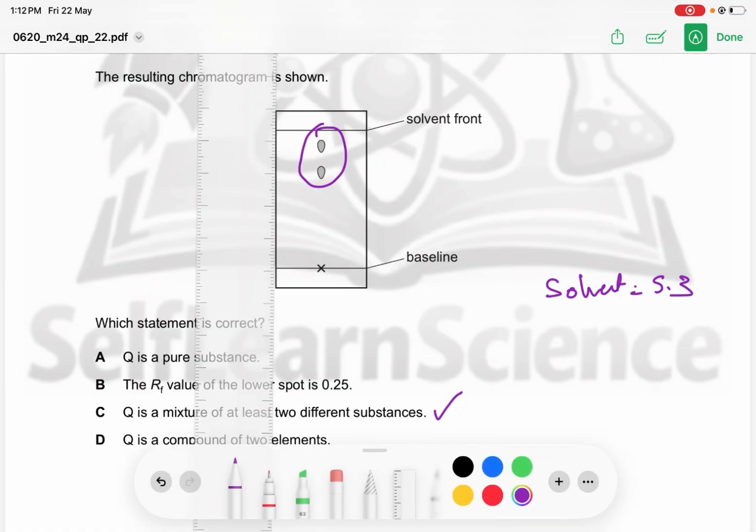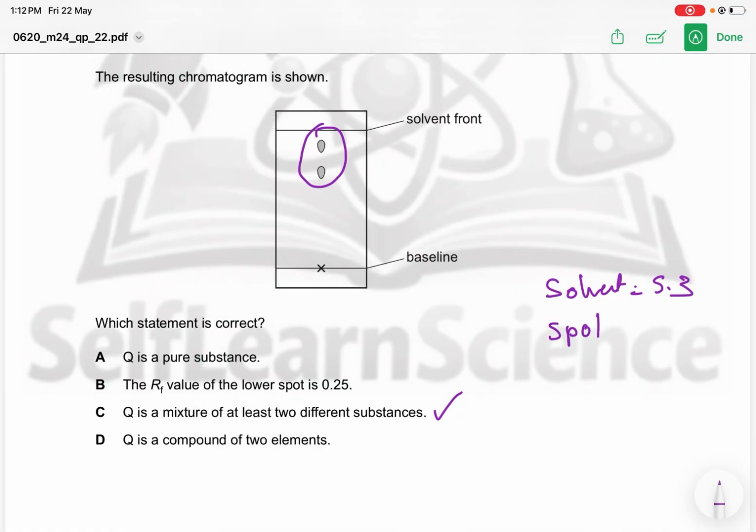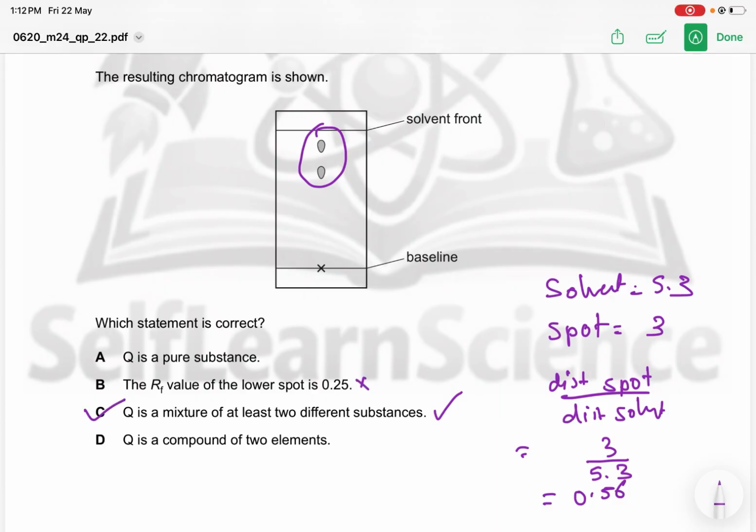So the spot is 3, so it is the distance traveled by the spot upon the distance traveled by the solvent, which is 3 upon 5.3, which is equal to 0.56. So again that is wrong. So C is the correct answer.